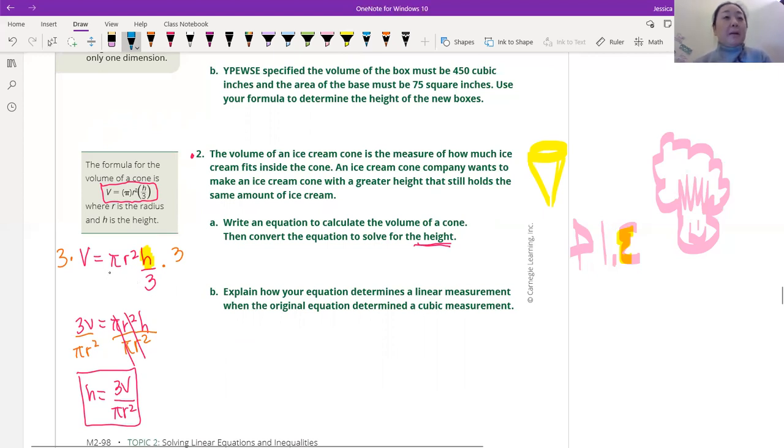Did you know that this top part is the volume of a cylinder? And we divide it by 3 because it takes 3 cones with the same height and the same radius to equal 1 cylinder. We're talking about volumes. So literally, here's my cylinder, and this is the back part.